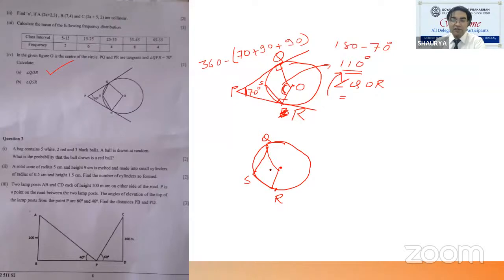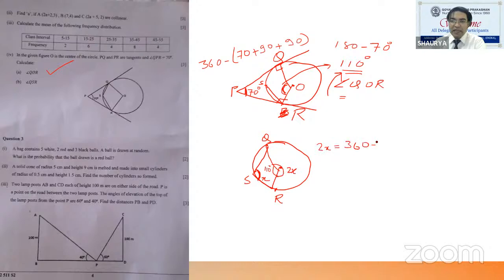Now this angle we have already ascertained to be 110 degree. We can simply use the property that the angle subtended by an arc at the center is twice that at the circumference. So this angle is to be determined now, angle QSR, let's call it X. So we know for sure this angle has to be twice of it, 2X. Now this 2X angle, the complete angle is 360.